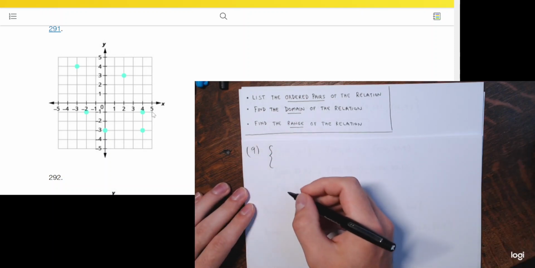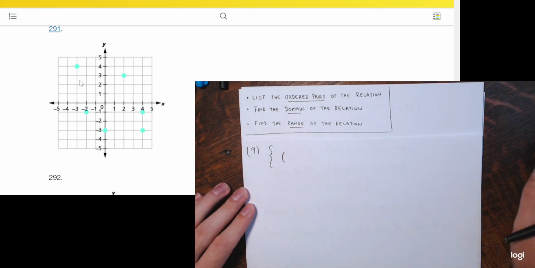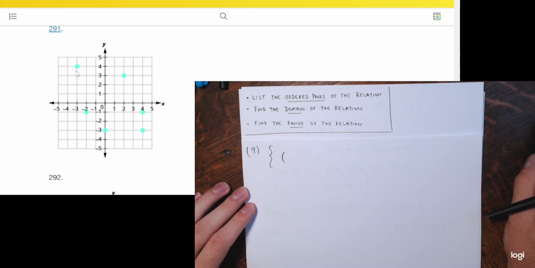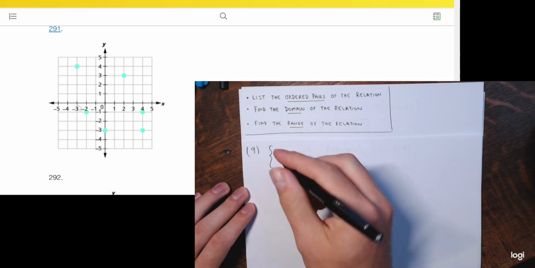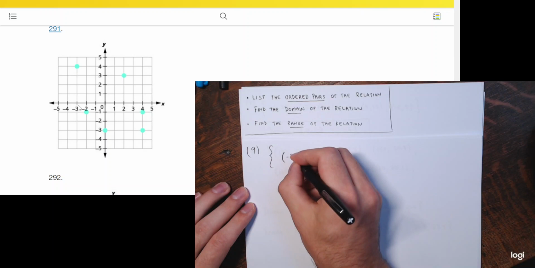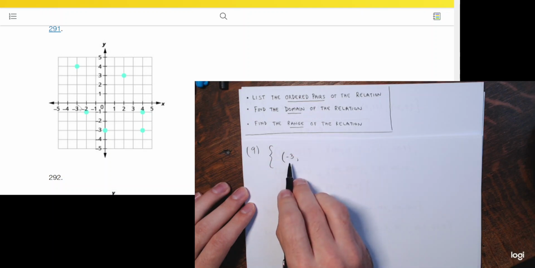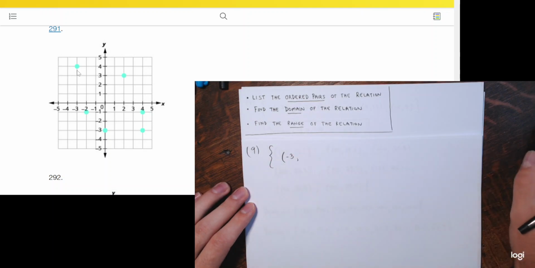All right, so the first ordered pair, let me start in the upper left here. This point where my cursor is, hopefully you can see my cursor floating around too. This light green point is above -3 on the x-axis. So the x-coordinate is -3. So I'll write that first, -3, comma. And that point is in line with +4 on the y-axis.